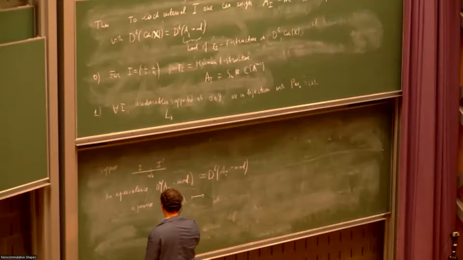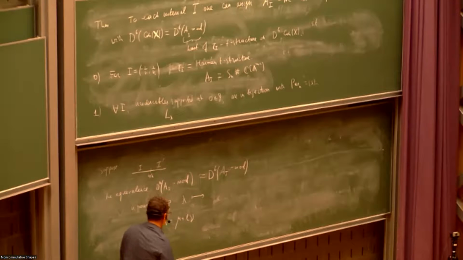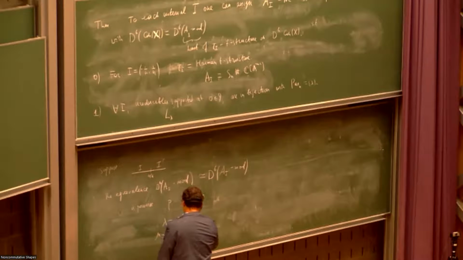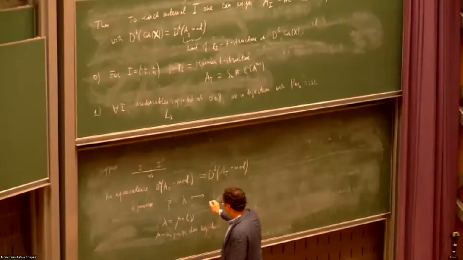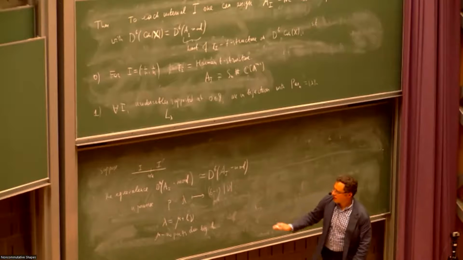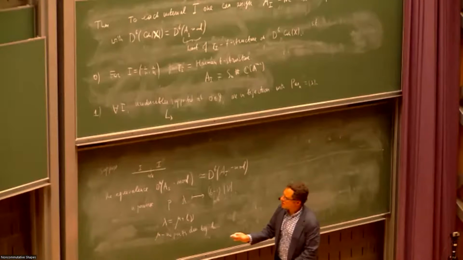So I need to write lambda as a mu plus b nu, where mu is b-regular, so no parts divisible by b. And then lambda goes to something like b minus 1.